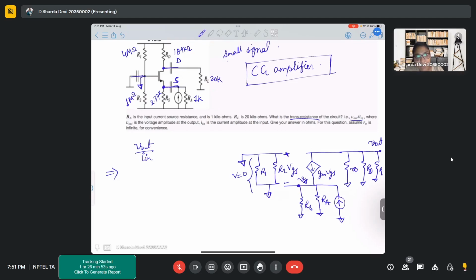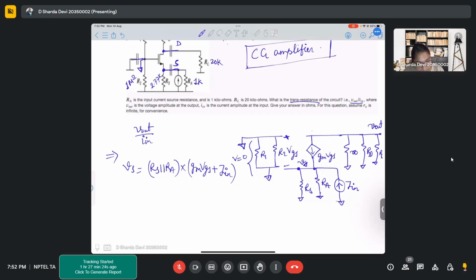Now Vs is RS parallel RA into the current coming from this source, IN, and the current coming from gm VGS, which goes into RS parallel RA.